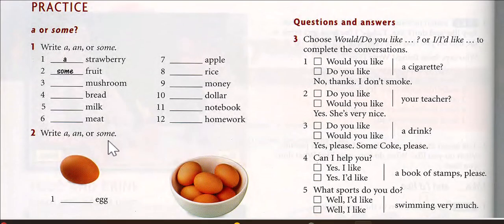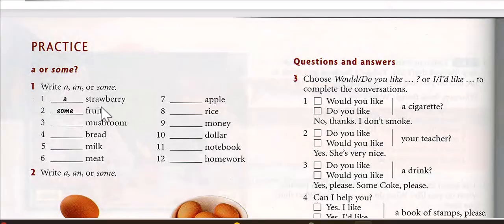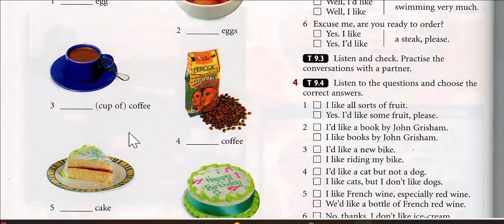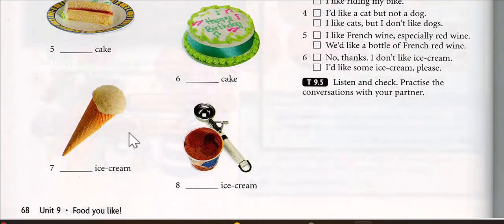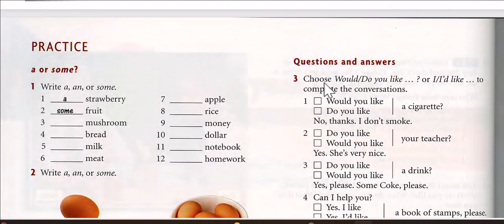All right. A, an, or some. Here they have given pictures instead of words. Complete the exercises. Also, this one: choose do you like or would you like to complete the conversations.